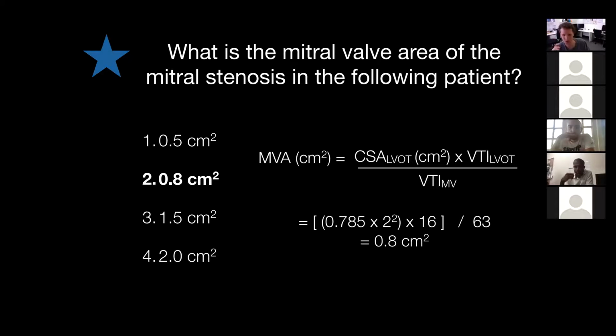So you can either do pi r squared, taking the diameter of 2 and making it 1, or I prefer doing 0.785 times the square of the diameter. Times that by 16 divided by 63. So that's the cross-sectional area times the VTI divided by the mitral valve VTI, and you get 0.8 centimeters squared. Excellent. Any questions about that?